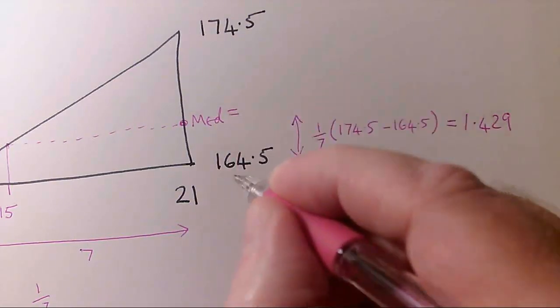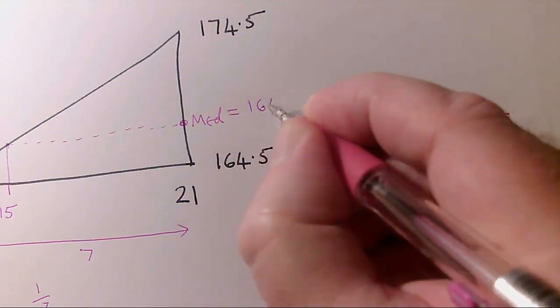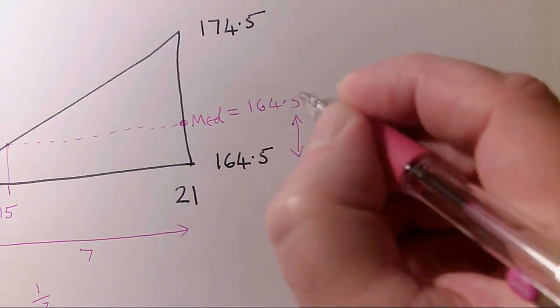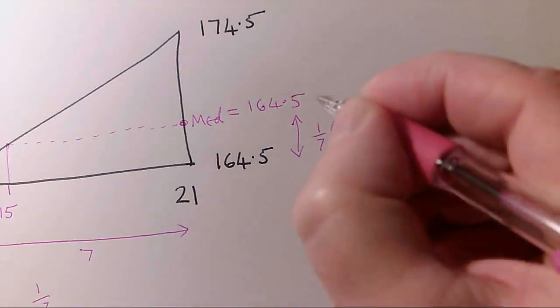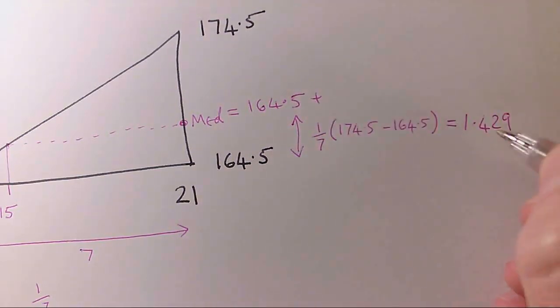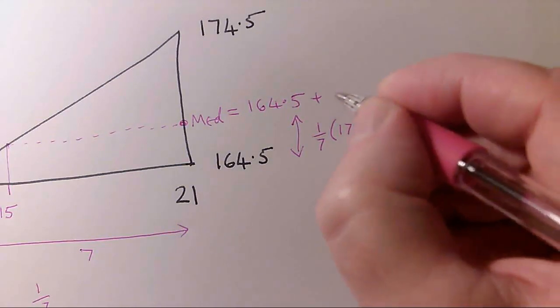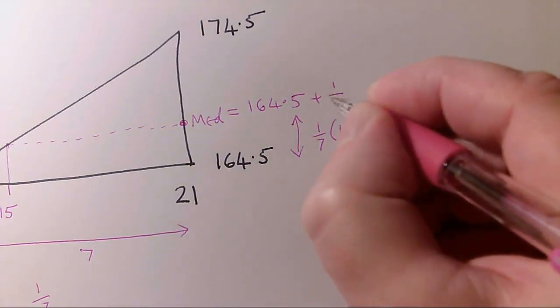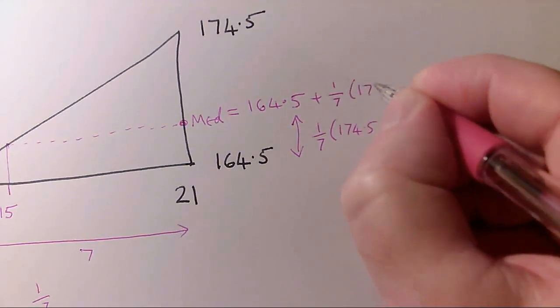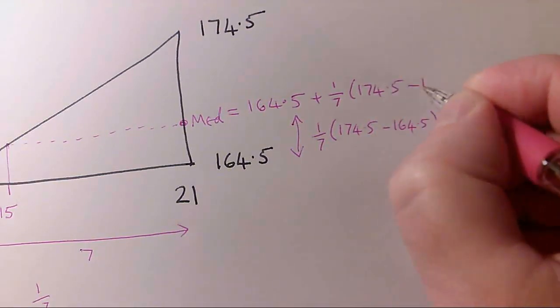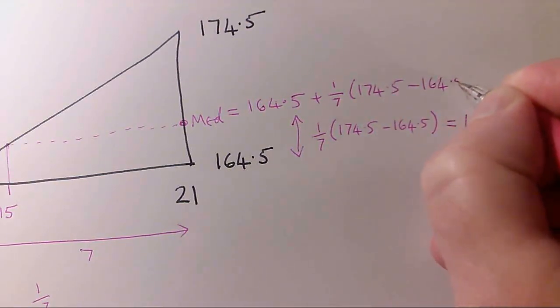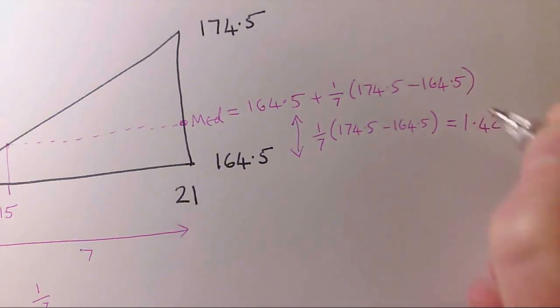So my median is going to be 164.5 plus this 1.429. But I'm going to write 1/7 times (174.5 minus 164.5), because that shows us the full method.